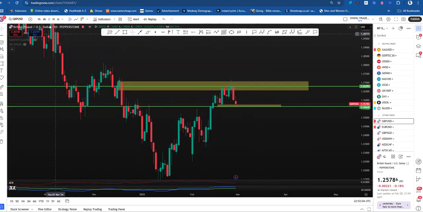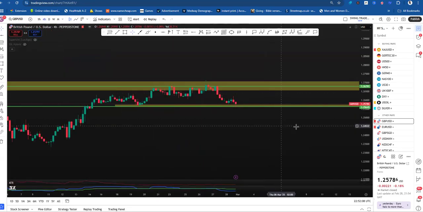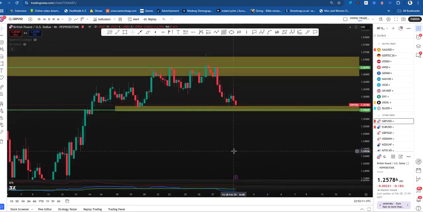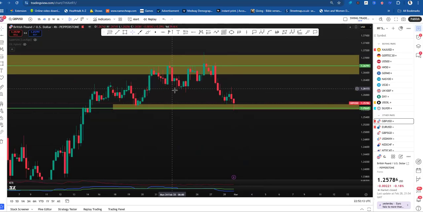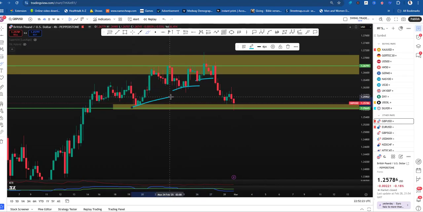So the first thing is to now break it down to the 4-hour time frame. If you look at the 4-hour time frame, you have minor structures here. The market created a few minor structures here, over here, and over here, and now this structure here is about to be taken out. That's exactly what we're looking at.